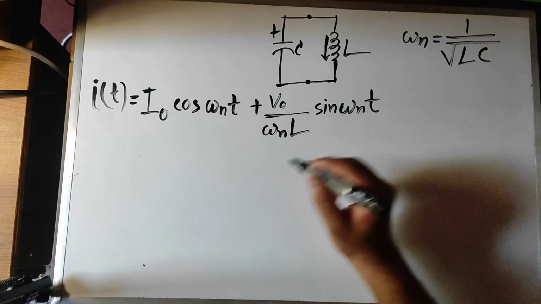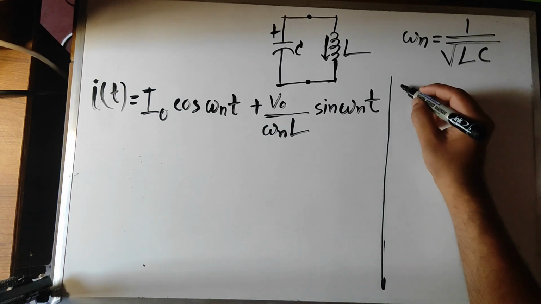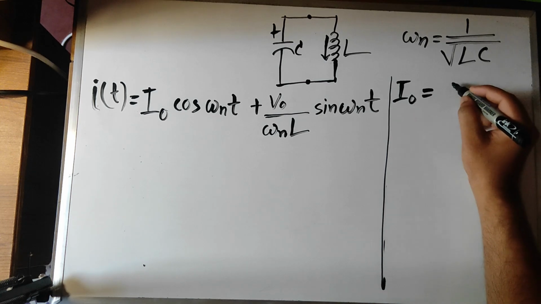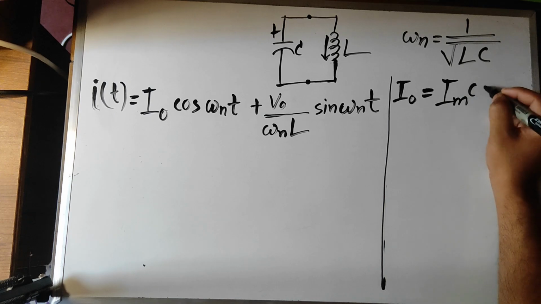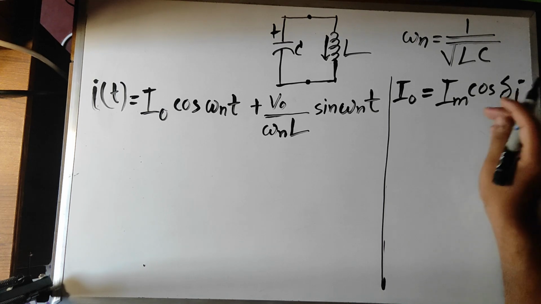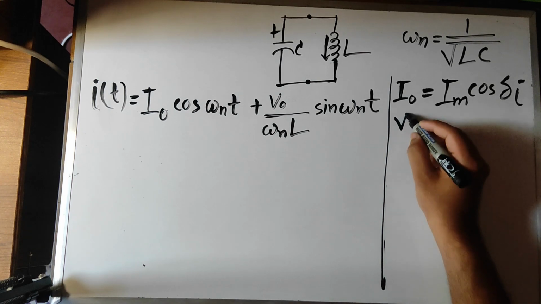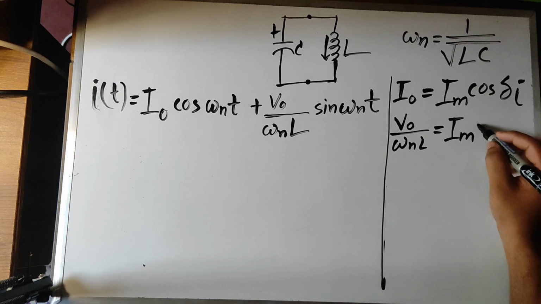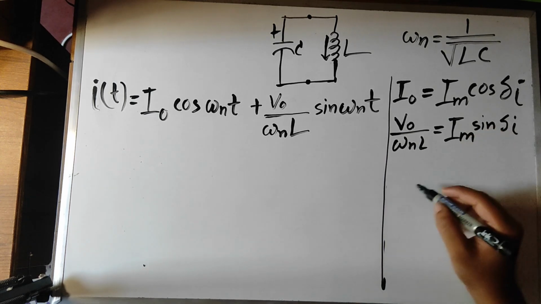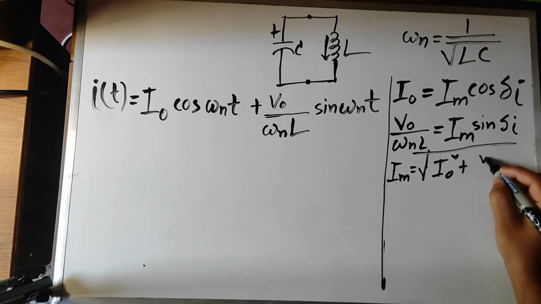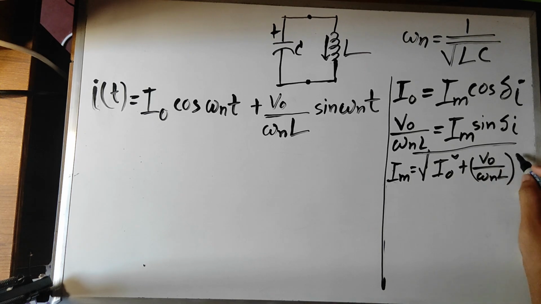So let us assume some things here. Say the initial current, because of the oscillation, becomes Im cos delta I. Delta I is the phase between the two currents, this and this, and V0 by omega n L. This is also current, so this equals Im sin delta I, which gives us Im equals root over I0 squared plus V0 by omega n L squared.